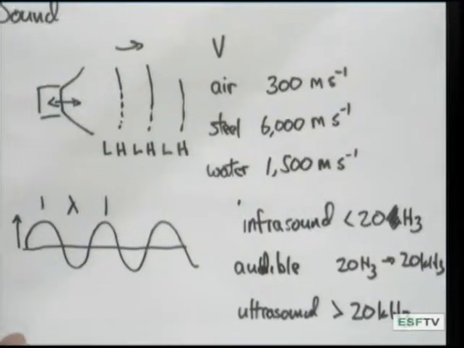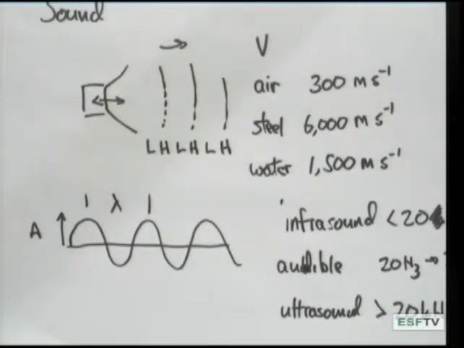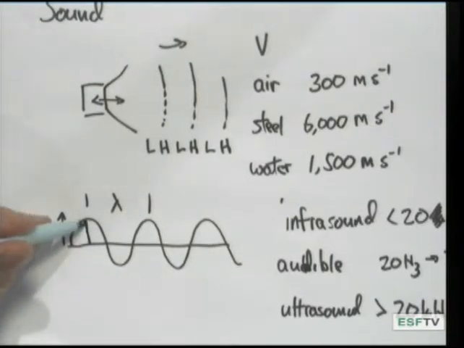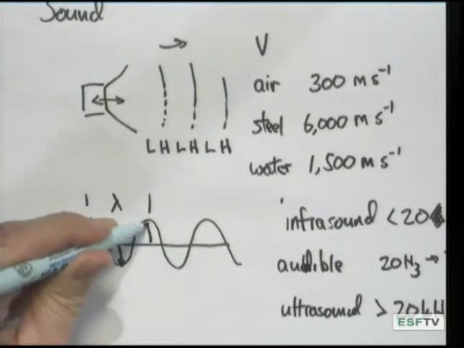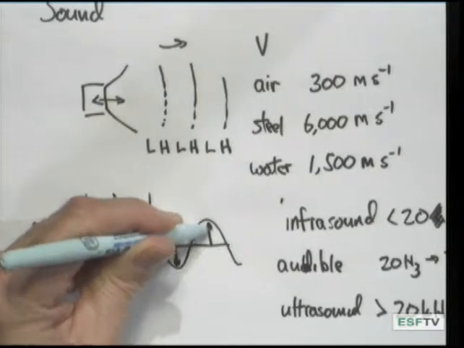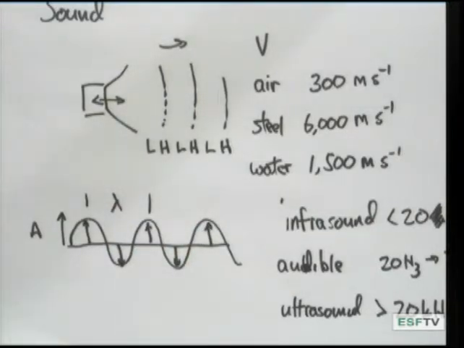But that doesn't tell us anything about what's happening with the other aspect of waves, though, and that is the amplitude. Keep in mind that we're measuring here a variation of pressure in the case of sound, and the amplitude then is an indication of the magnitude of the pressure fluctuations about the mean.